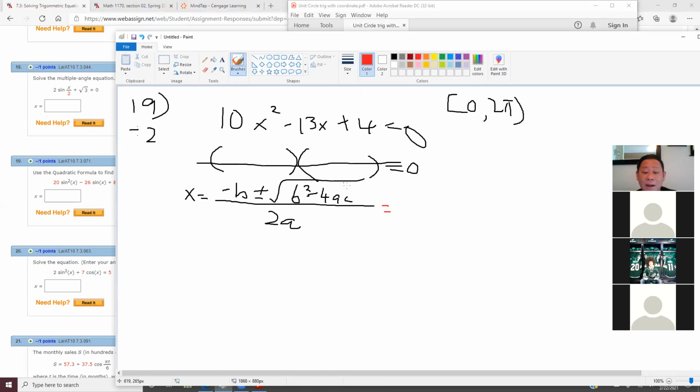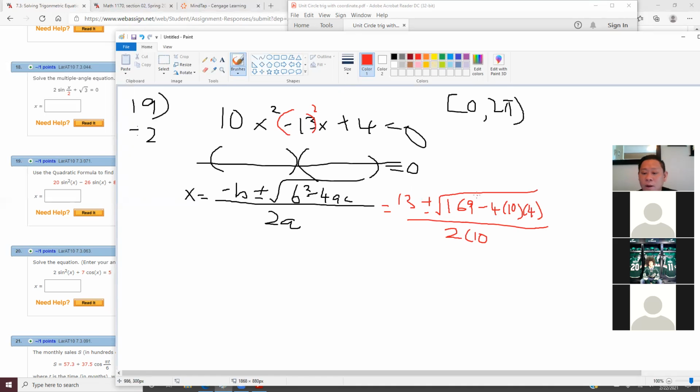So put this in a negative. So negative negative 13 will become positive 13. Can someone tell me what the square of negative 13 is? 169 minus 4 times a, which is 10, c is 4, all over 2a, 2 times 10.